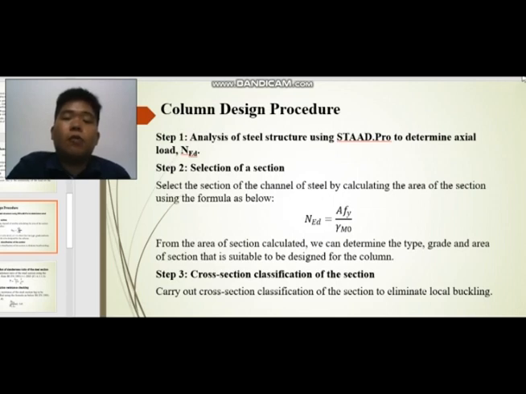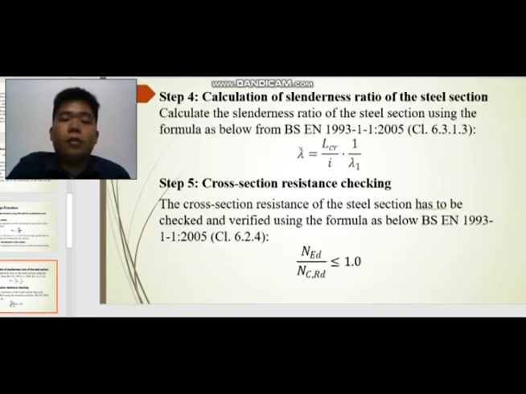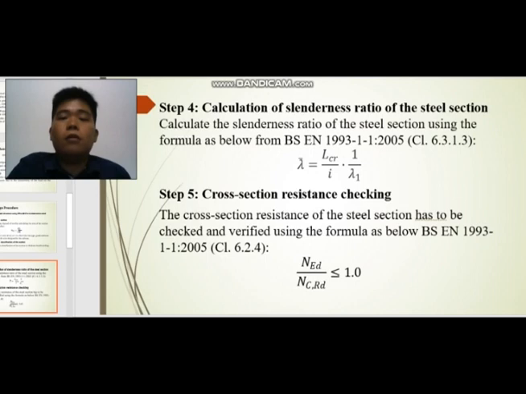For step 3, we will carry out cross-section classification of the section to eliminate local buckling. For step 4, we will calculate the slenderness ratio of the steel. A slenderness ratio greater than 0.2 is considered a slender column, and we will design it as a slender column, and buckling resistance checking is required.